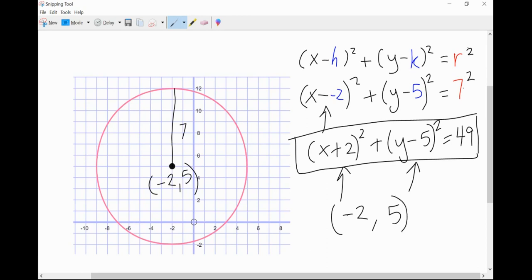So notice that from the equation, you have to change the signs to get the center, because the original equation is the distance formula and we're subtracting. And when you subtract a negative, you get a positive. And when you subtract a positive, you get negative. Okay, so just keep that in mind.